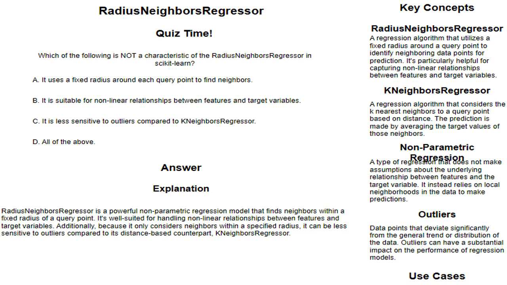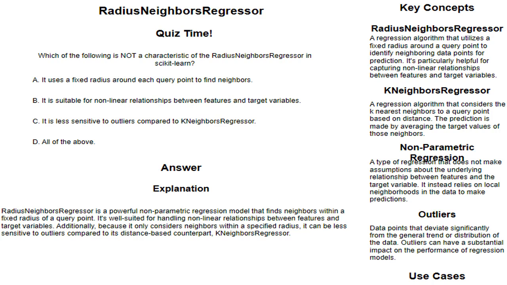For the same data, 1, 2, 3, 4, 5, 6, 7, 8, 10, 20, 30, 40, the k-neighbors regressor would identify the 2 nearest neighbors to the query point 4.5, which are 3, 4 and 5, 6. The model would then predict the target value by averaging the target values of these neighbors.